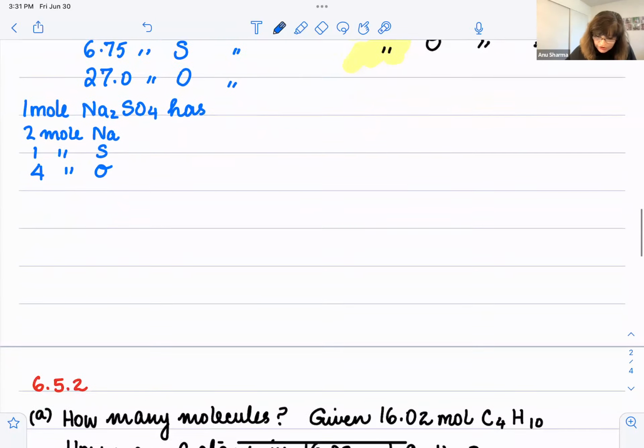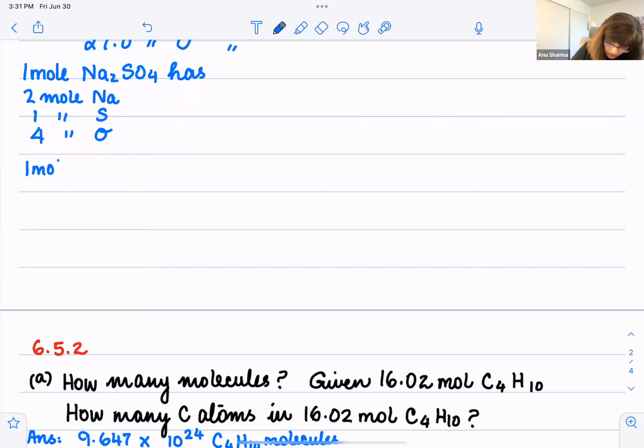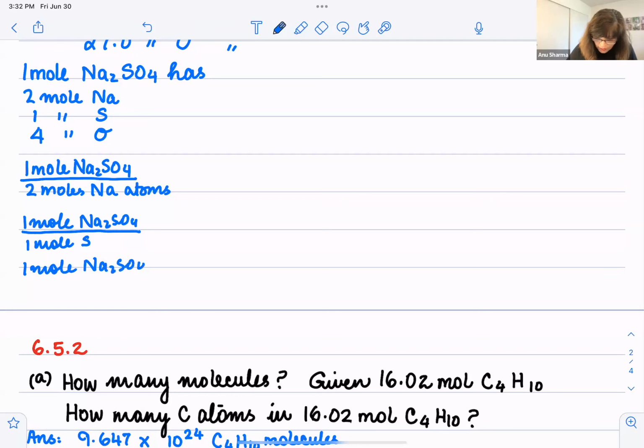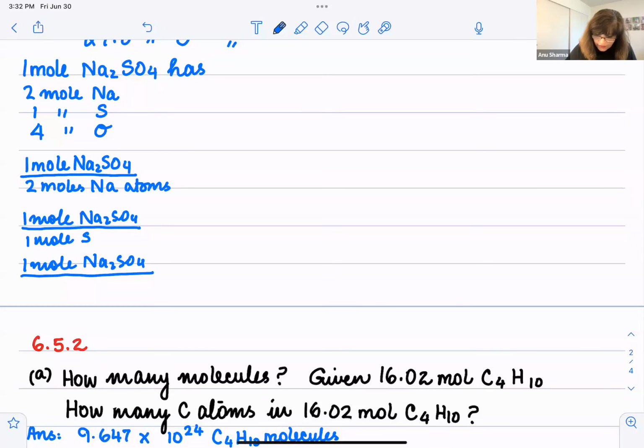So you can set up the conversion factors from here. 1 mole of sodium sulfate, Na2SO4, contains 2 moles of sodium atoms. 1 mole of sodium sulfate contains 1 mole of sulfur, and 1 mole of sodium sulfate contains 4 moles of oxygen.